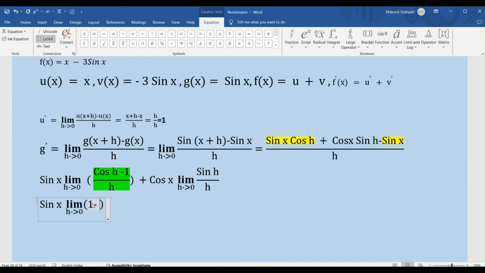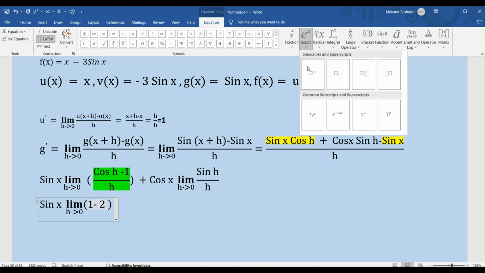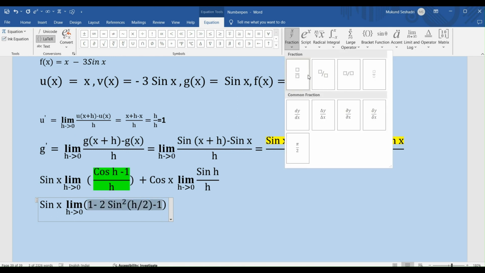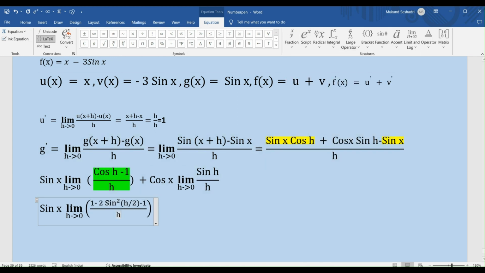This is 1 minus 2 sine square h by 2, minus 1, and then I can divide this by h, right? So my 1 and 1 will get cancelled, and I'm left with minus 2 sine square h by 2, right?